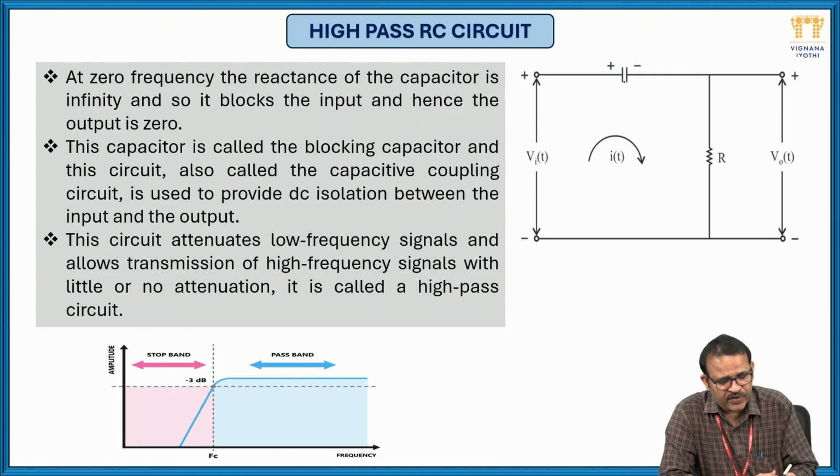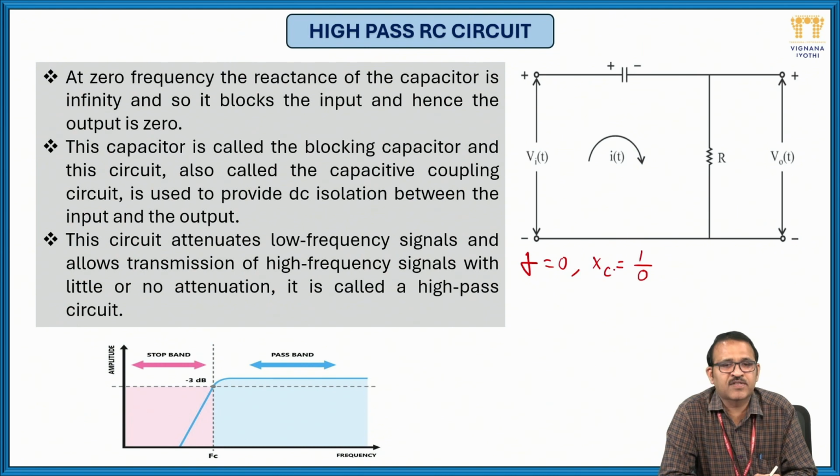Now at zero frequency, at f equal to 0, the reactance of the capacitor X is equal to 1 by 0. The reactance of the capacitor is 1 by omega C, where omega is equal to 2 pi f, so 1 by 2 pi f C. At f equal to 0, the reactance of the capacitor is infinity.